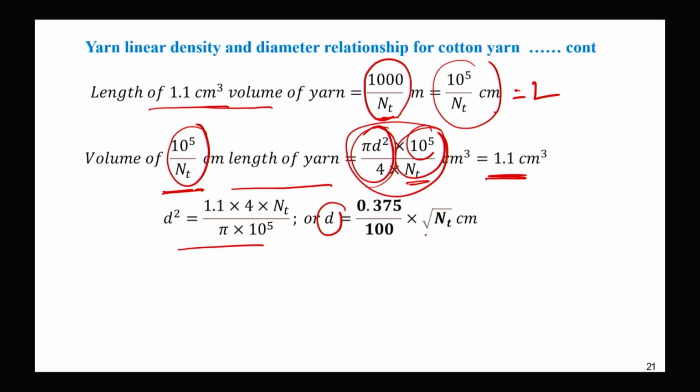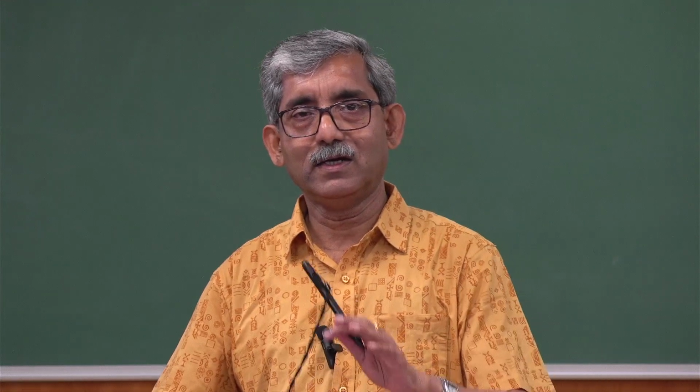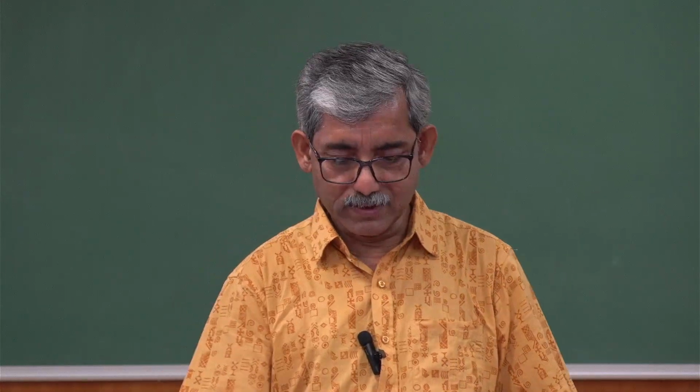0.375 by 100 multiplied by under root NT, in centimeter. This is the relationship for yarn diameter in centimeter with NT. If NT, the text linear density, is given, we can calculate the yarn diameter.